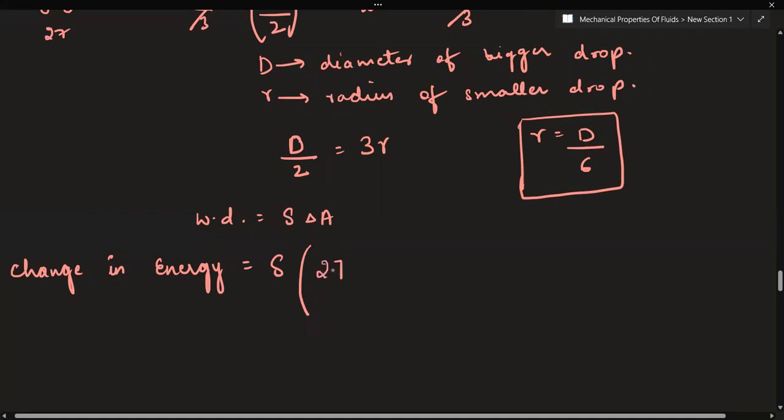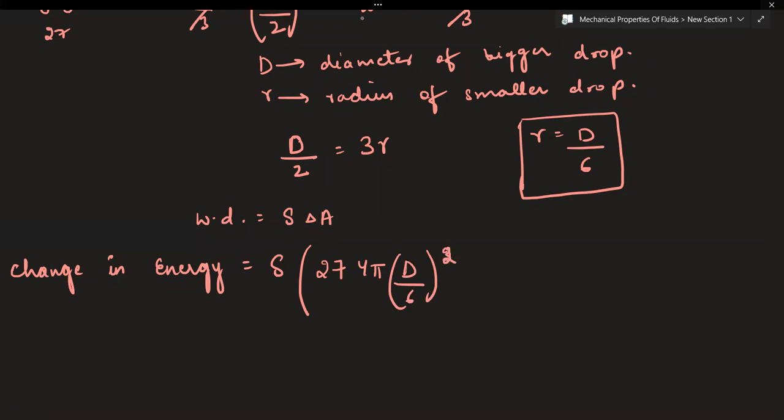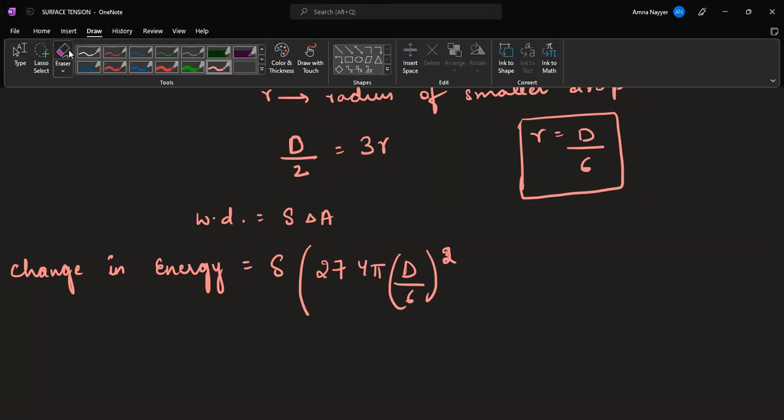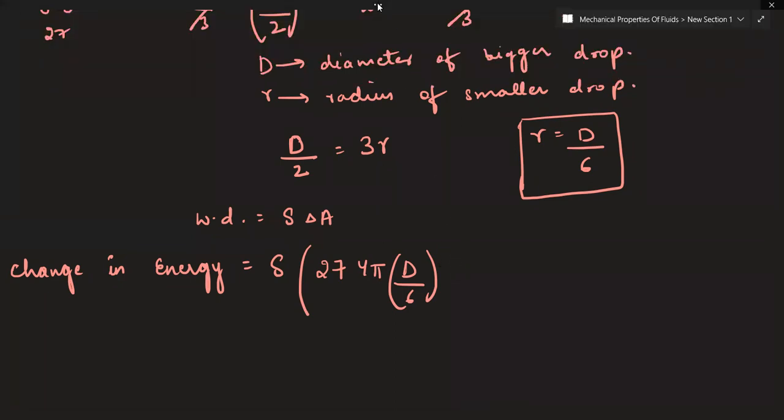So 27 times 4 pi r cube. Sorry, r square, meaning the small r square. So r is equal to d by 6, whole square.